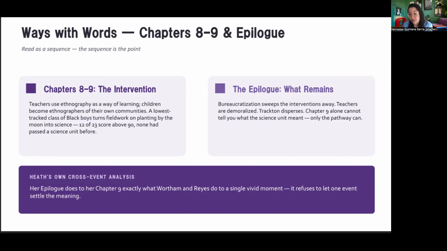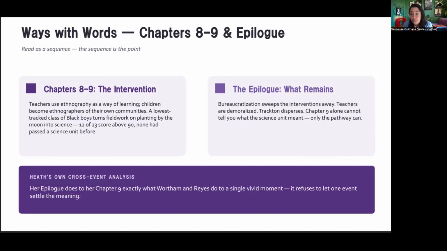The emblem is the 5th grade science unit, a lowest strata class of Black boys reading years below grade level becomes a team of field workers. They interview local farmers. They collect life stories or histories.